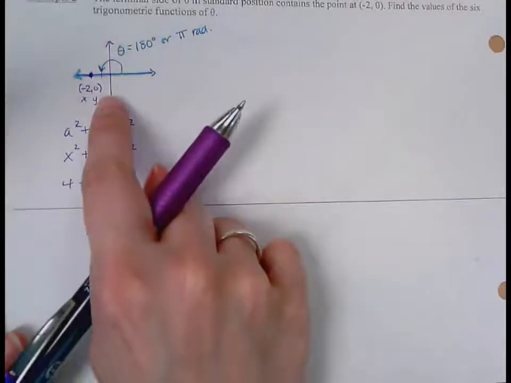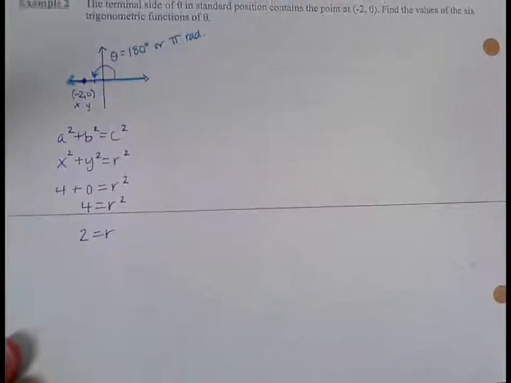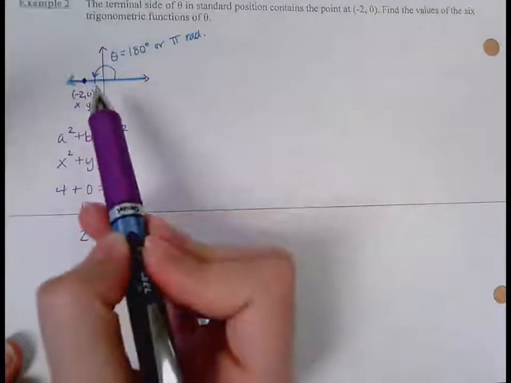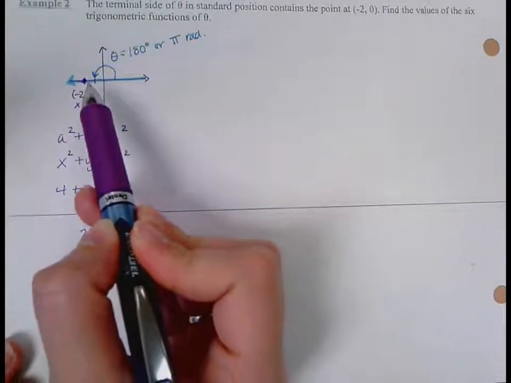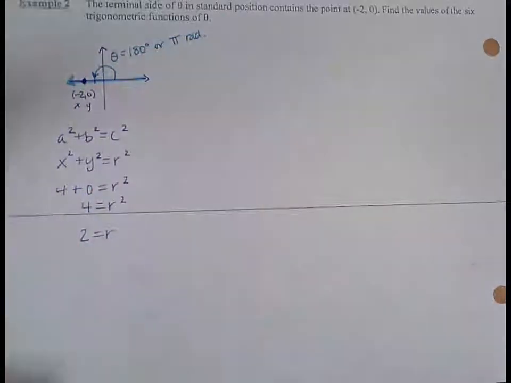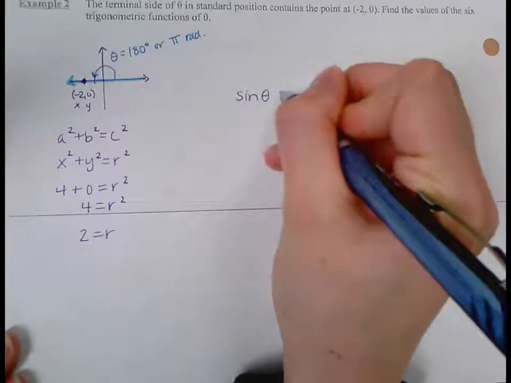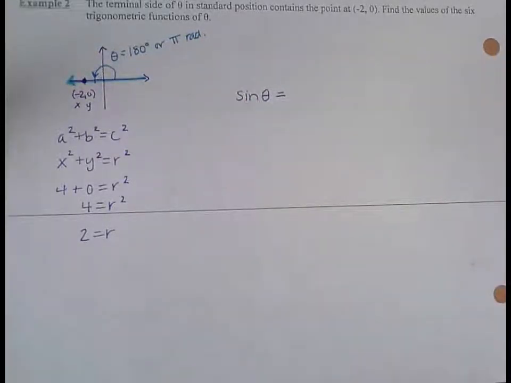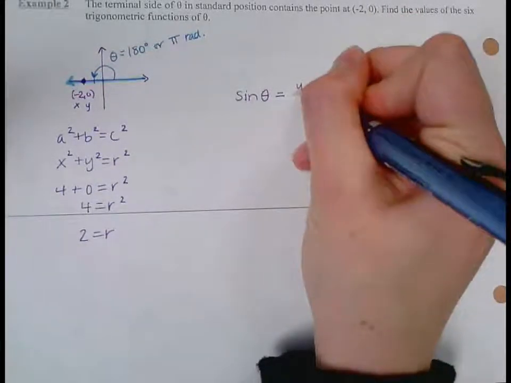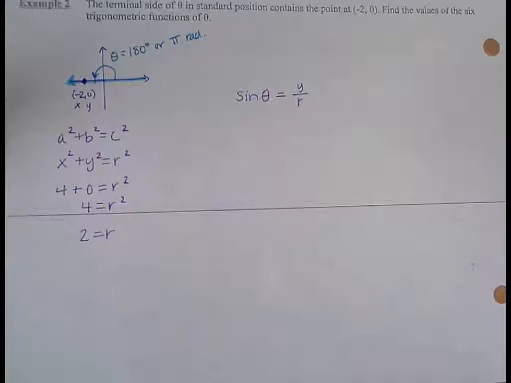Okay, so we have our x, our y, and the r. R is basically the distance from the origin to that point, but we're keeping it positive. The x coordinate is what's negative. So if we were to find sine of theta, the formula is y over r, the y coordinate over the radius r.